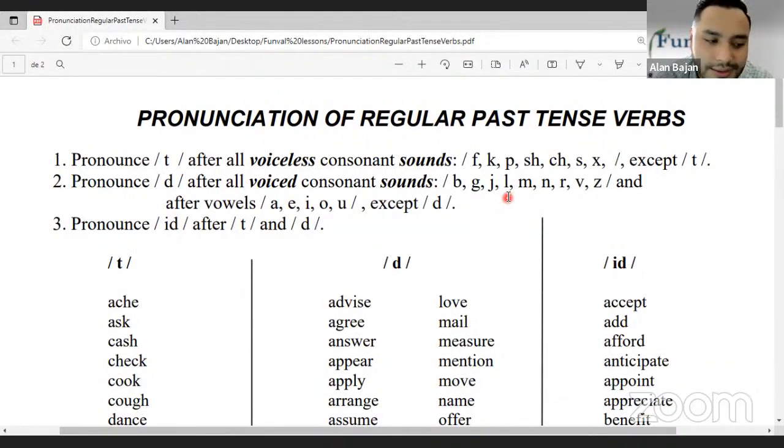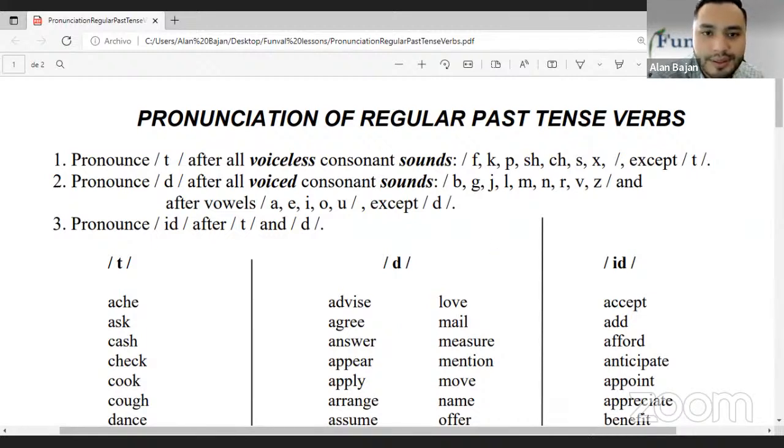What is that sound, class? An L. Mailed. Name. What is that sound? M, right? Named.